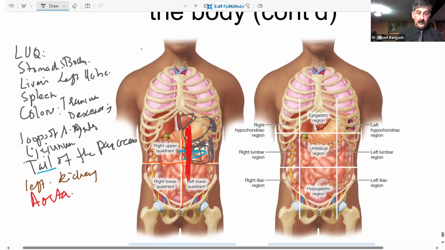So mainly it's the tail of your pancreas, your left kidney, and the abdominal aorta.